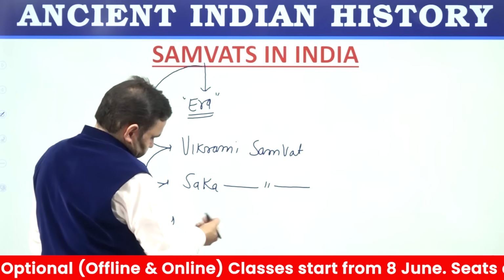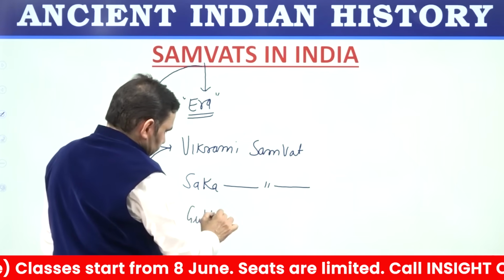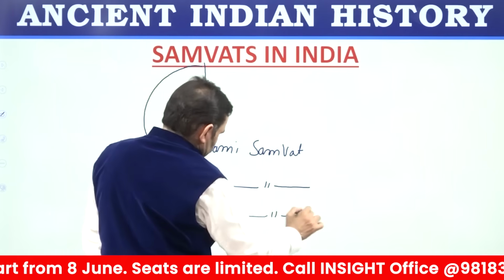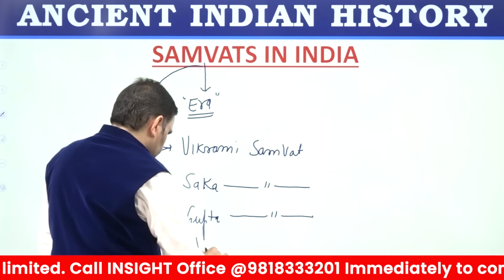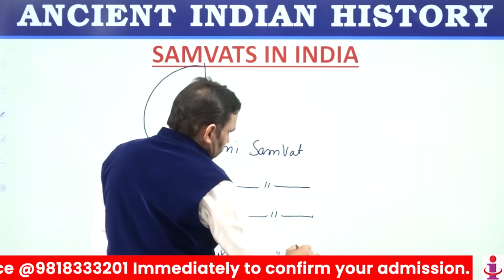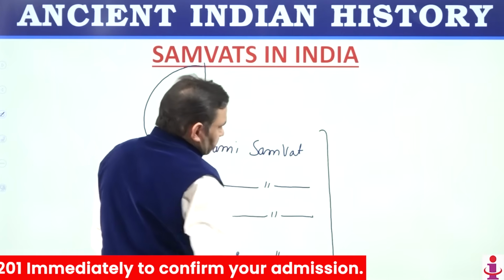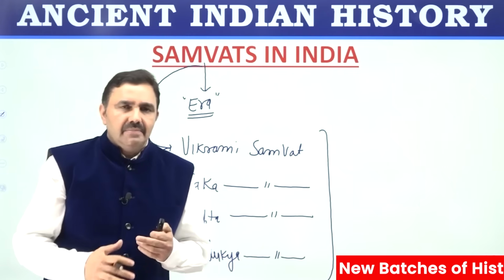Like Gupta Samvat or Gupta era. Like Chalukya Samvat. So different kind of Samvats or eras or the time scales were developed by Indians in ancient times.